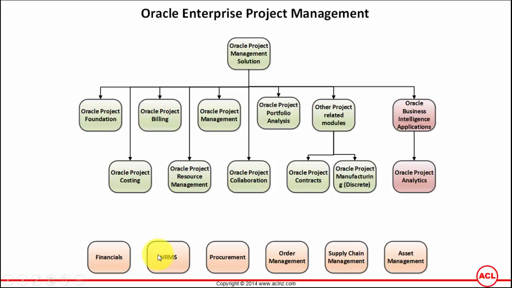And those modules are also leveraged for employee timesheets and expenses related activities. But HRMS, as far as employees are concerned, has a lot of other functionalities in terms of payroll. And again, it integrates directly with project costing and project management module, project resource management module.